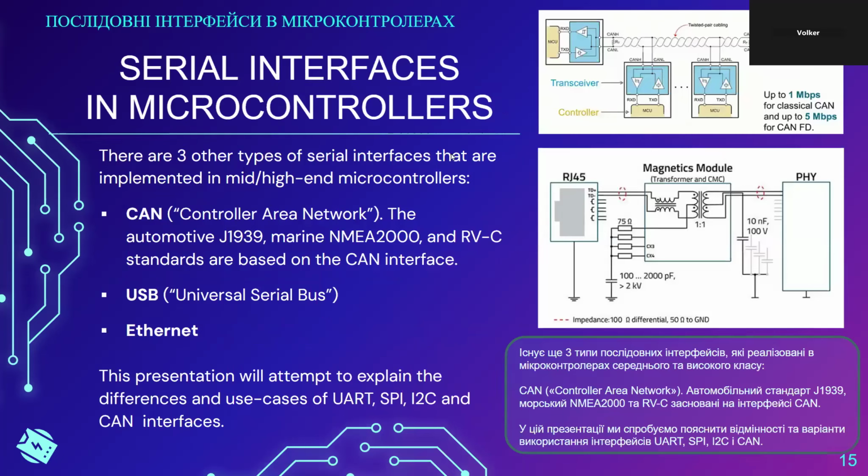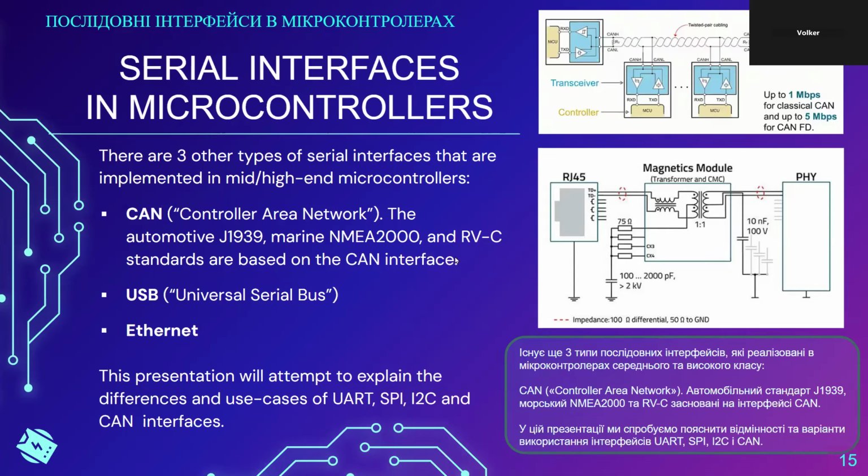There are three other types of serial interface implemented in mid to high-end microcontrollers. CAN. We're going to talk about CAN. CAN is fairly popular. It comes from the automotive world. There is the J1939 standard, and the NMEA 2000 standard and RVC standard are based on the CAN interface.